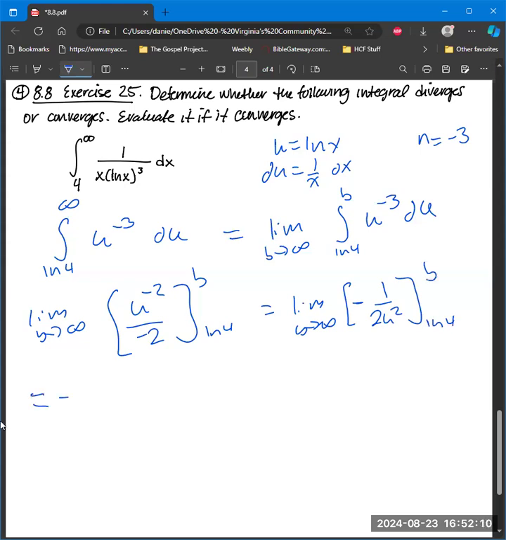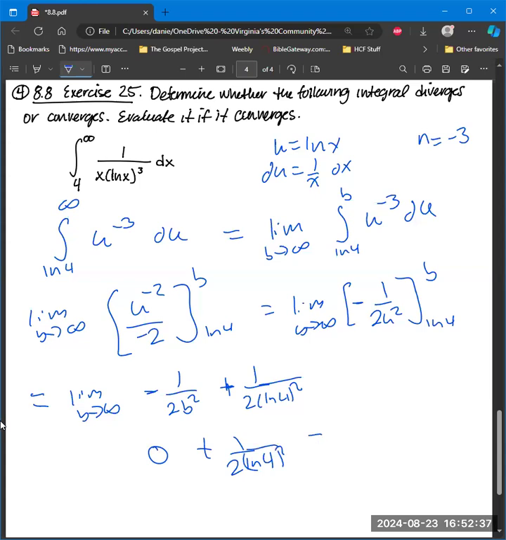That is equal to the limit as b goes to infinity of -1 over 2b squared plus 1 over 2 times ln of 4 squared, which is 0 plus 1 over 2 ln of 4 quantity squared, equal to 1 over 2 ln of 4 quantity squared. So it converges.